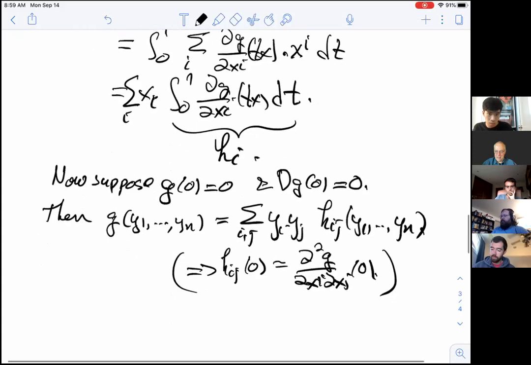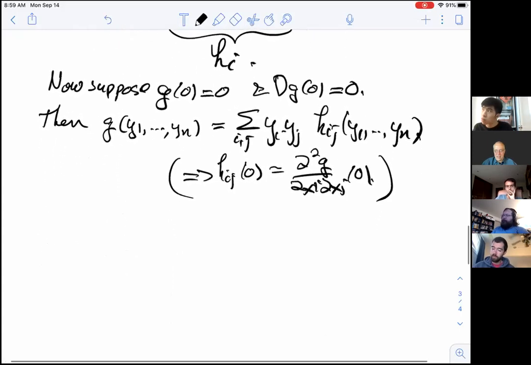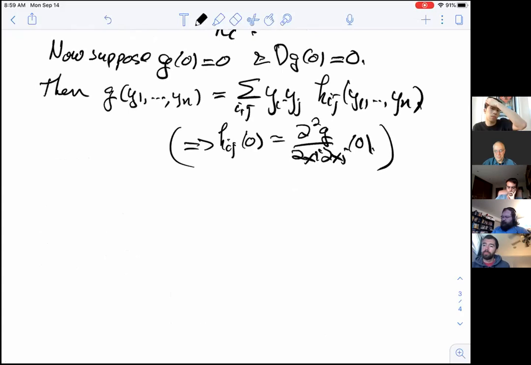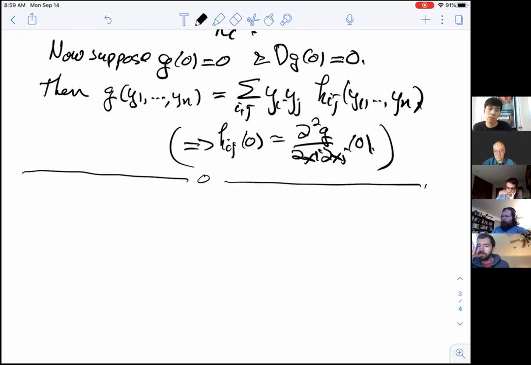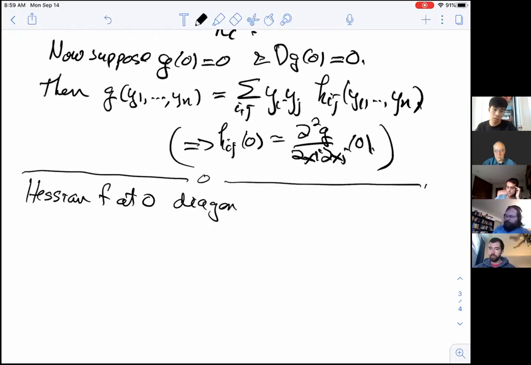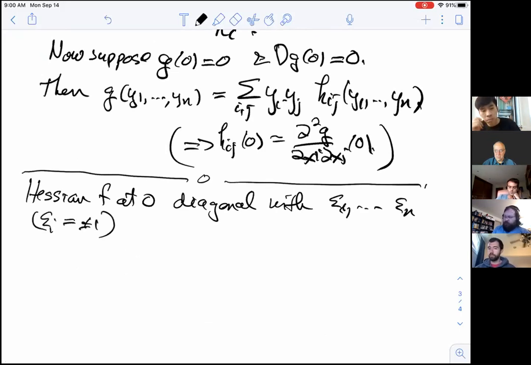All right. So now we're going to apply this lemma, this claim. But first we're going to arrange that the Hessian of f at the origin is diagonal, with values down the diagonal epsilon 1 through epsilon n, the epsilon i being plus or minus 1.